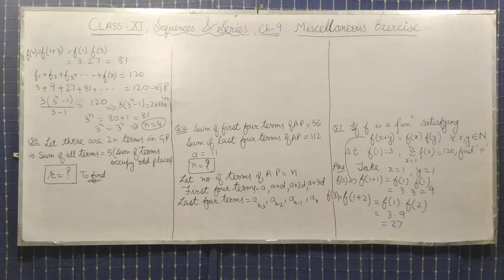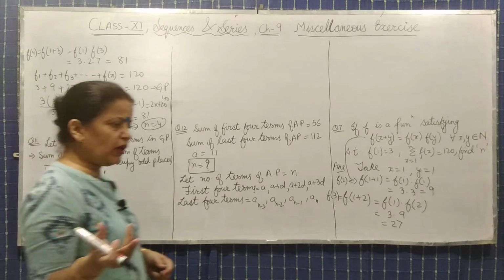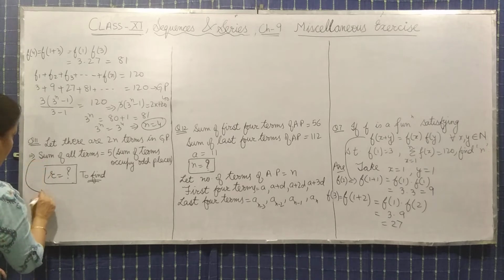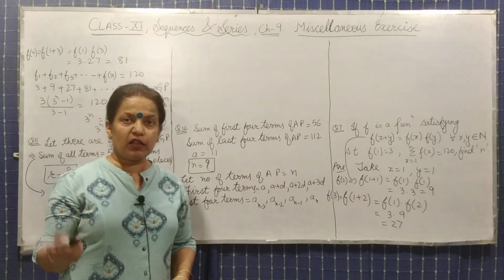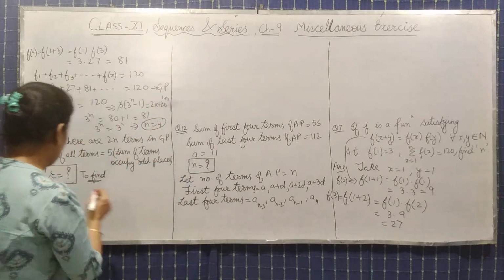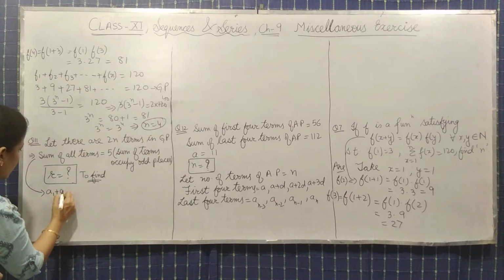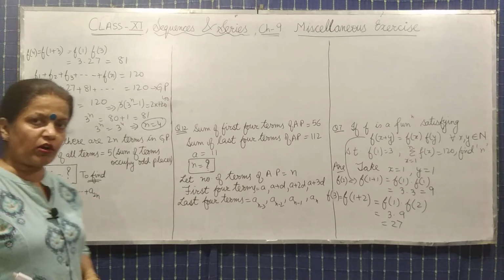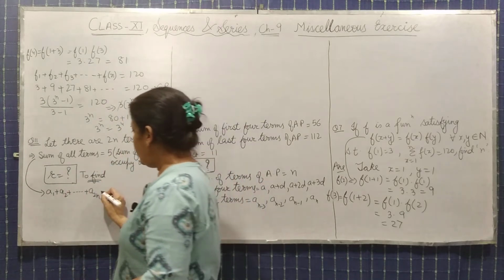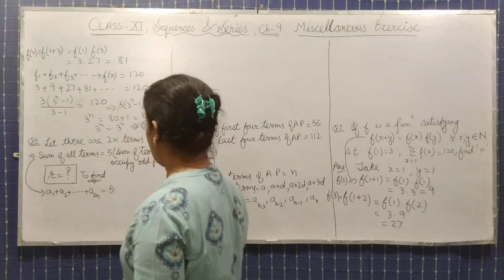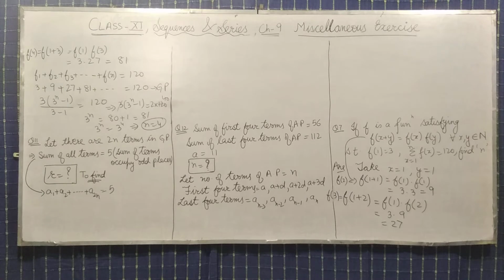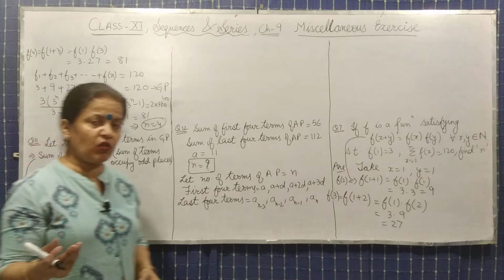So for this, since the GP is even here, sum of all terms of GP, since it consists of even terms, we will take first term, second term, third term up to even terms according to the question. This is equal to 5 times the sum of the terms occupying odd places. तो odd places कौन सी होंगी?